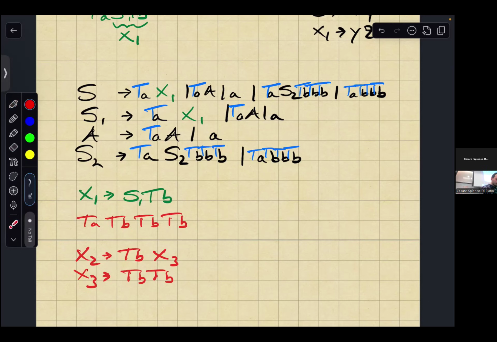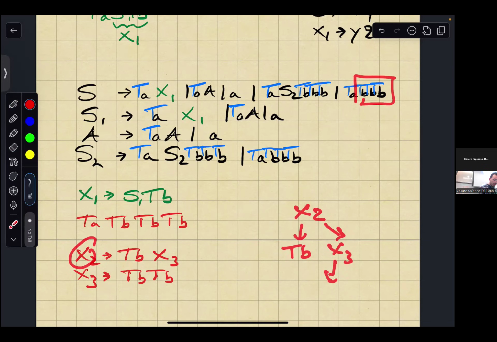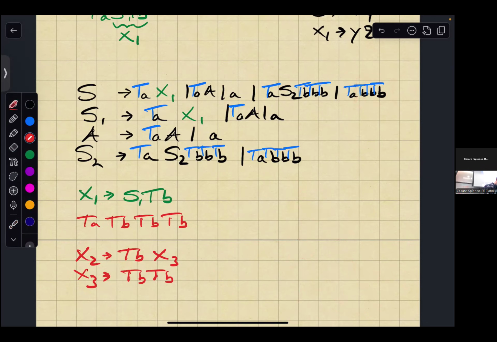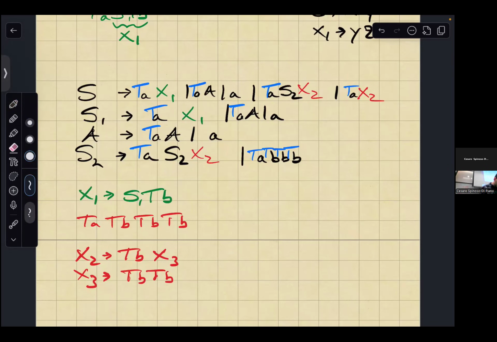And now, wherever I see 3 TBs, I can just replace it with x2, right? Because x2, I can get TB and then x3, and x3, I can get TB and then TB. So effectively, x2 gives me TB 3 times, right? So let's do that. I'm going to replace TB 3 times here. I'm also going to do it here. And here. And here.